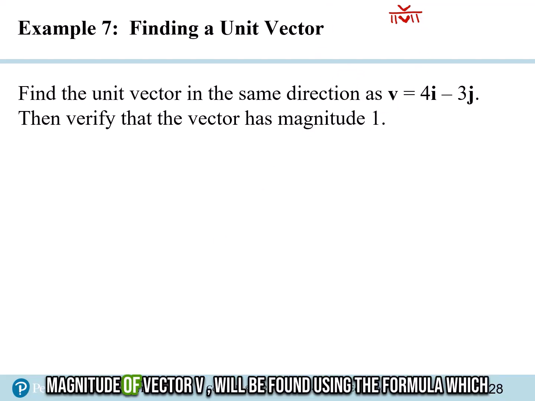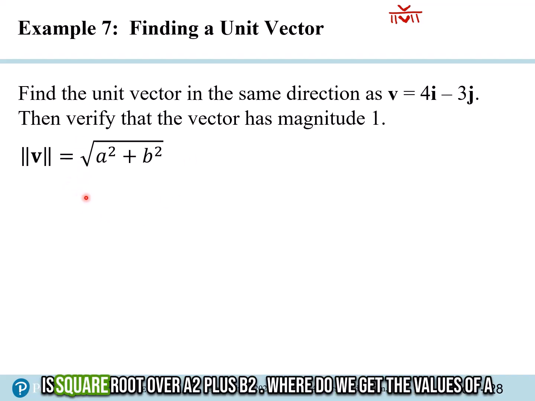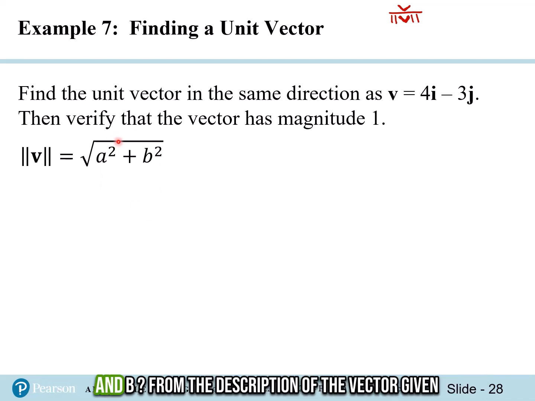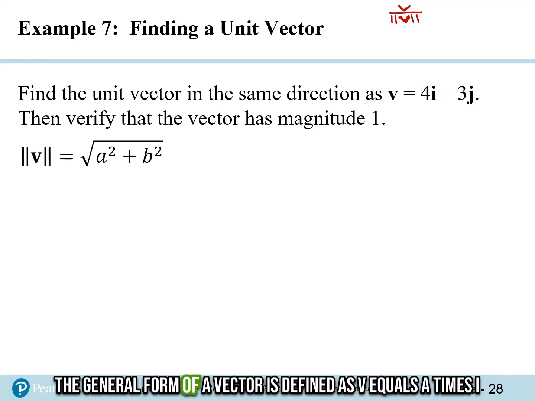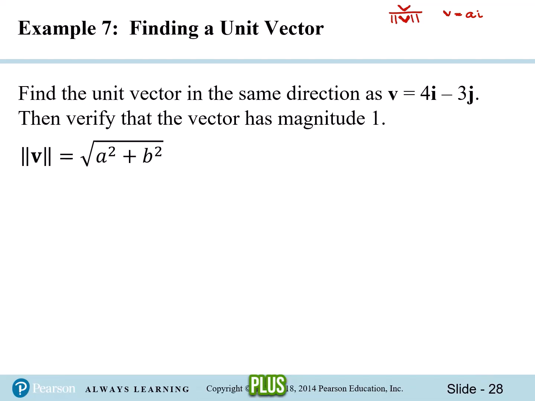The magnitude of vector v will be found using the formula, which is square root over a squared plus b squared. Where do we get the values of a and b? From the description of the vector given, 4i minus 3j. Remember that the general form of a vector is defined as v equals a times i plus b times j.